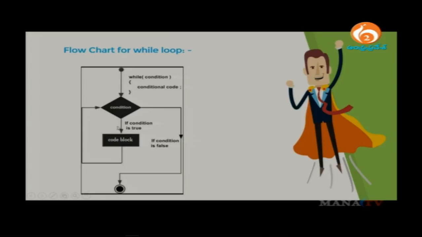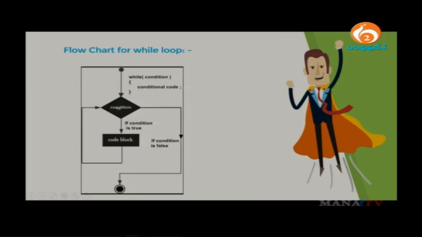Once your block of code is executed for the first time, it directly will not go out. First it checks the condition, true, the block of code gets executed, then again it goes back to the first place where your condition is defined. Again it will test the condition, right.